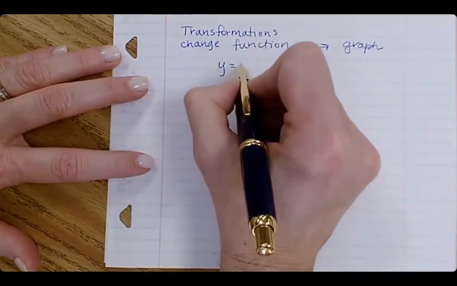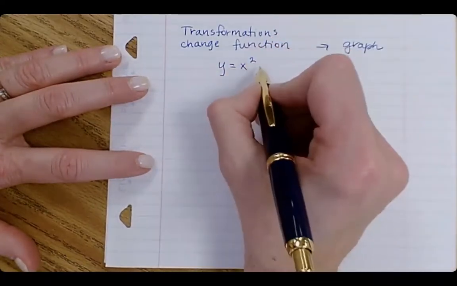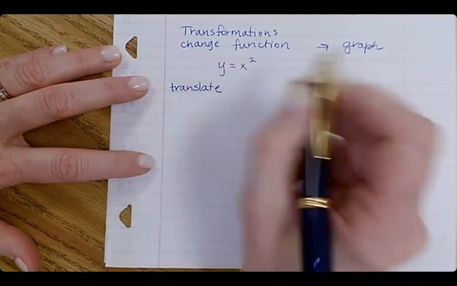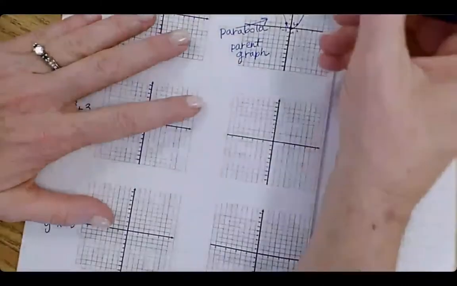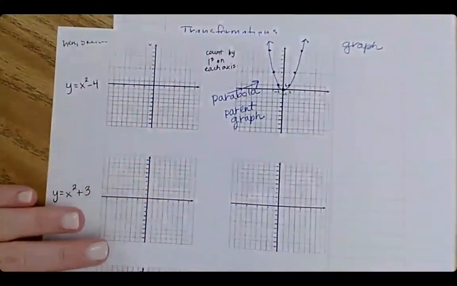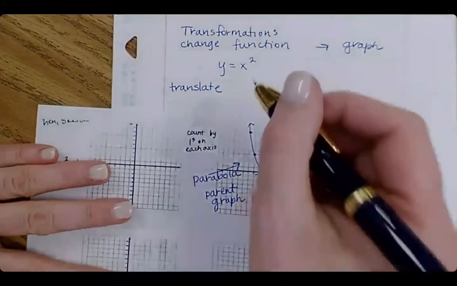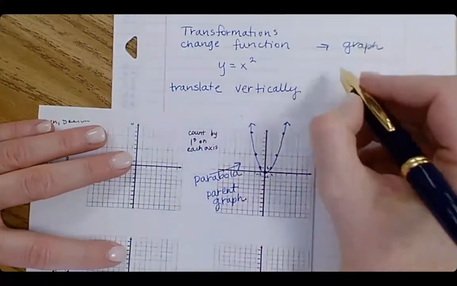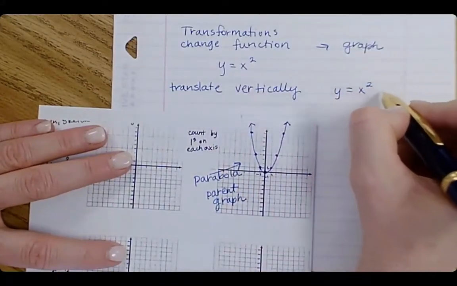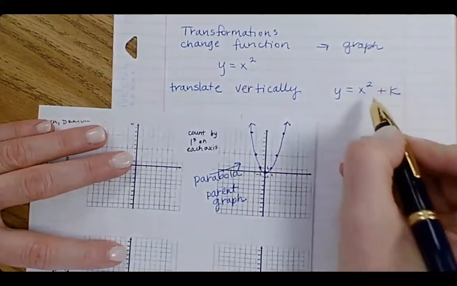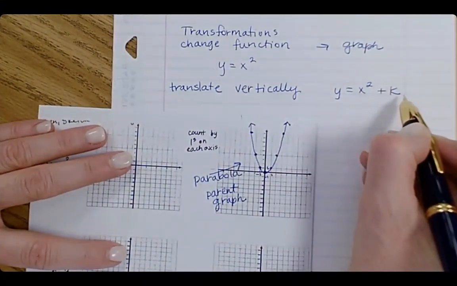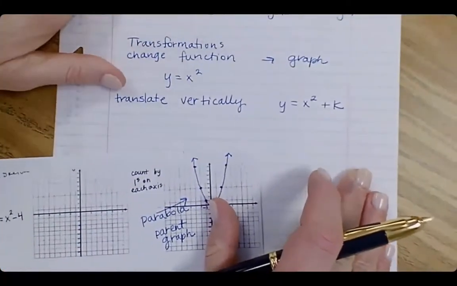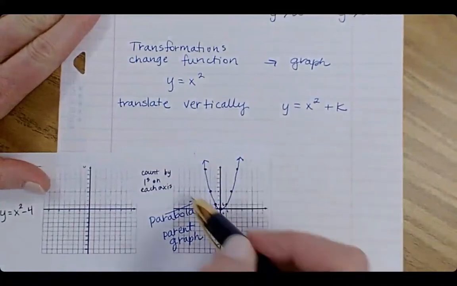So if we start with y equals x squared, I can translate the parabola vertically simply by adding a number. I'll call the number k. If you add a number k to the parent function, that will translate the parent graph vertically.